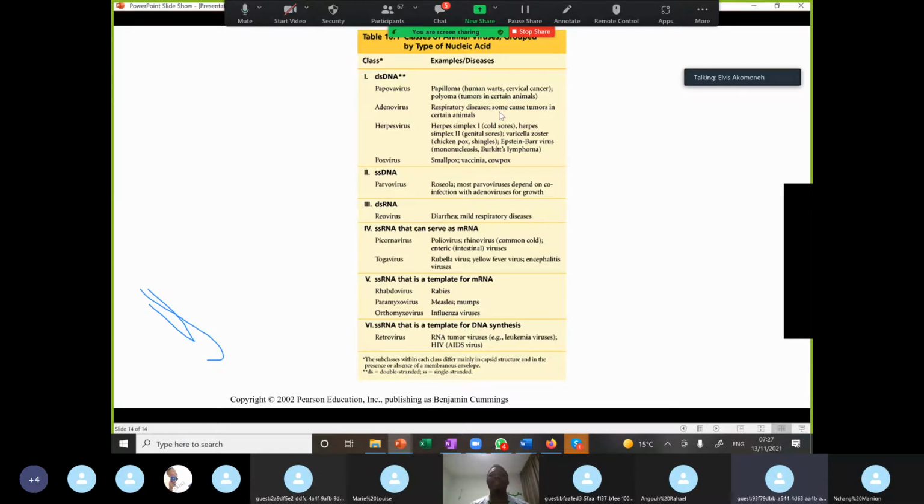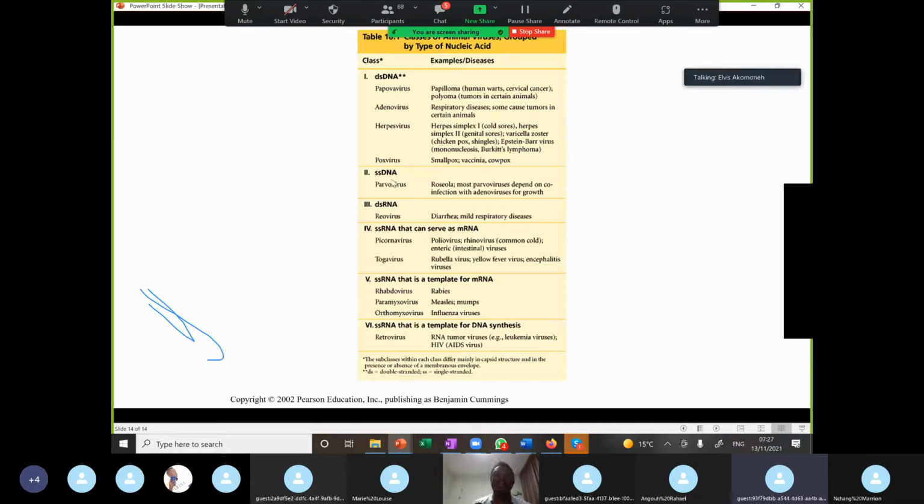Another example could be the adenoviruses, usually respiratory viruses that could cause tumors as well, and the herpes simplex type 1 viruses that usually cause cold sores around your lips, and type 2 that will cause genital sores and shingles and so on. The poxviruses that cause smallpox and cowpox are also classified in this range. So they are all double-stranded DNA viruses.